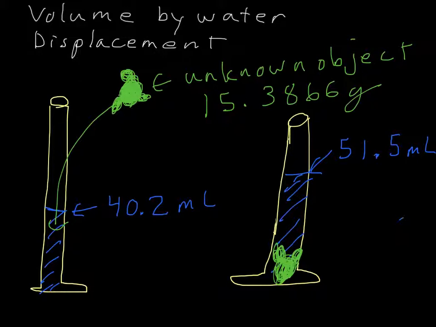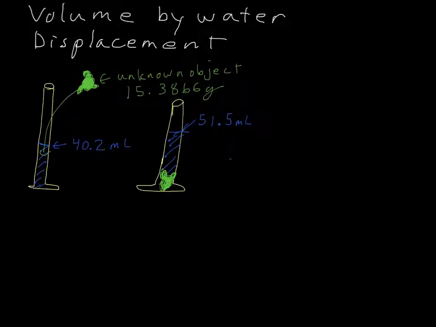I can obtain the volume of my unknown object by subtracting the difference in height. The difference in height in the water will be equal to the volume of my unknown object.